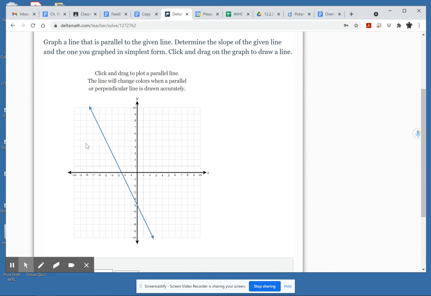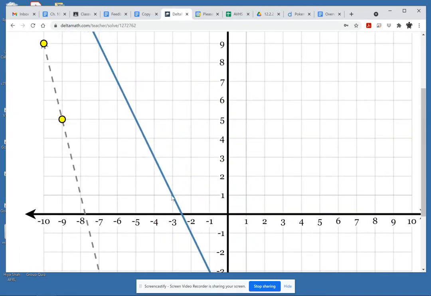But with parallel, what you have to do is count the slope. So in this case, if I look at the slope of this line, I'm going over 1 and up 2.